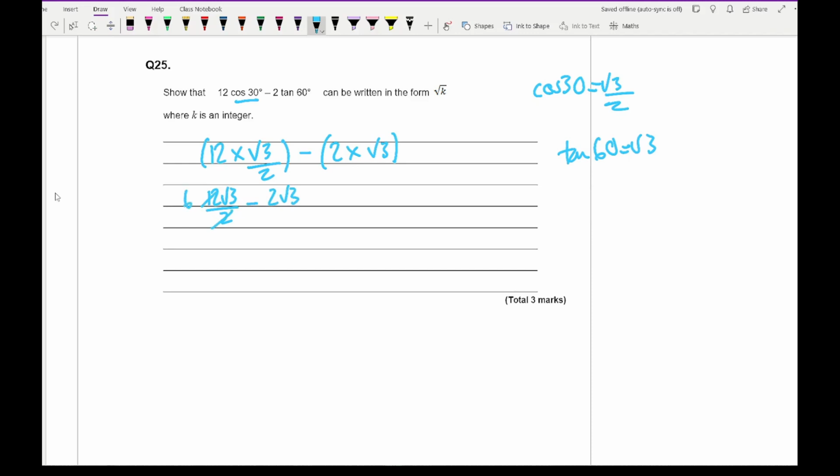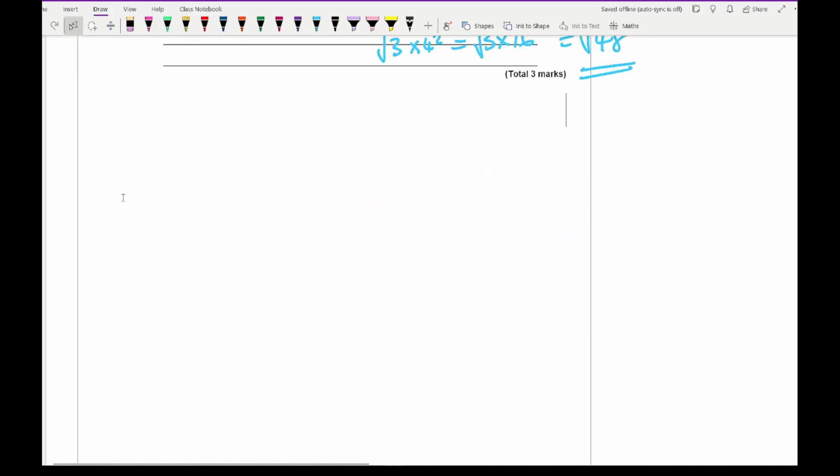That cancels out to give me 6, so I've got 6 root 3 minus 2 root 3, which leaves me with 4 root 3. And then I've got to take the 4 inside the square root. So I've got 3 times 4 squared, square rooted, which gives me 3 times 16, and 3 times 16 is 48. So that equals square root of 48. And there is my final answer.